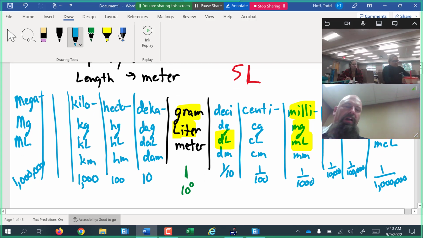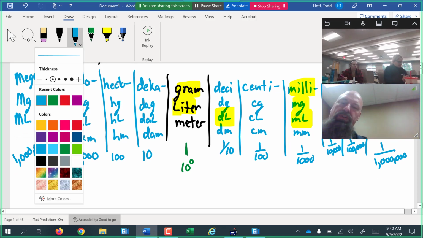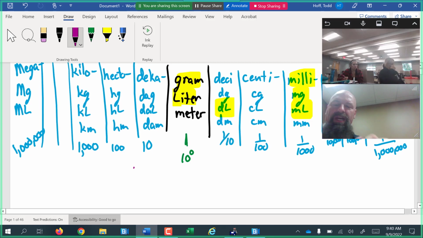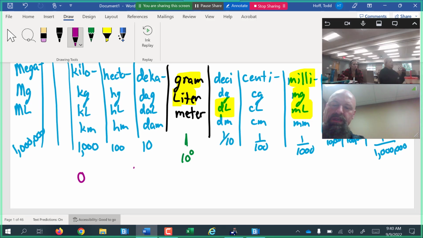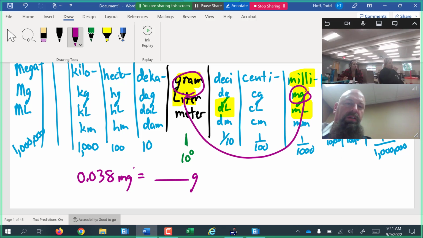Our conversions here are based off of these equivalencies. There are a lot of textbooks that will show you, and if this is the way you were taught, this is actually how I do it because it's quicker and simpler to just move decimal points. If we have 0.038 milligrams, and I need to convert that to grams, I use the chart. Here's milligrams, and I'm going to regular grams.